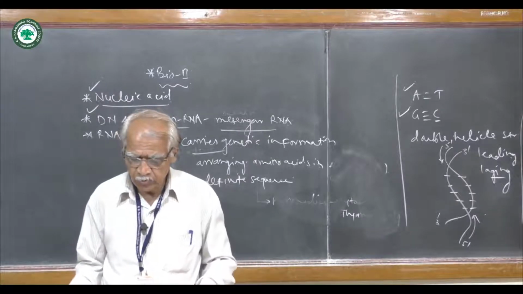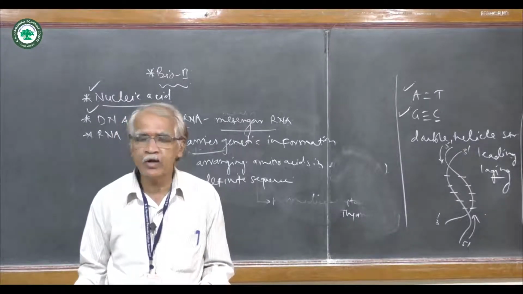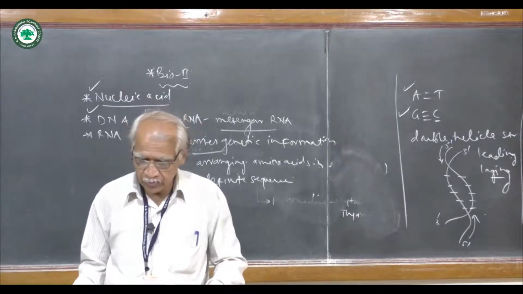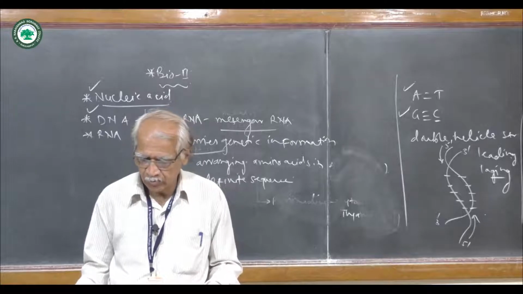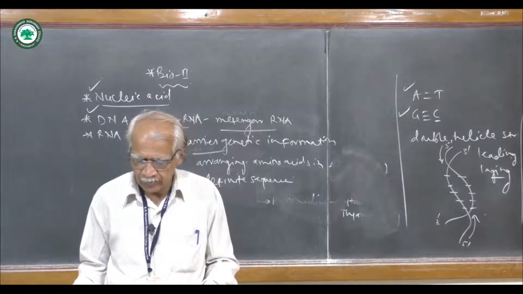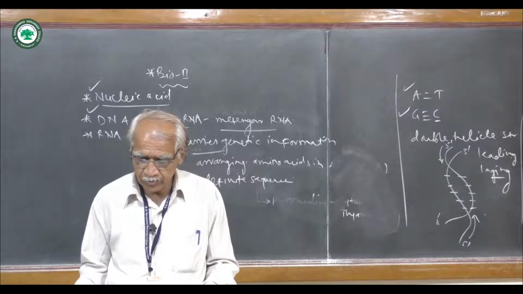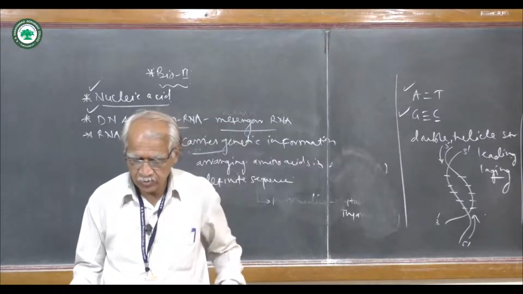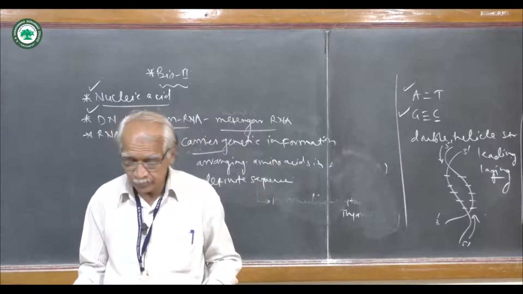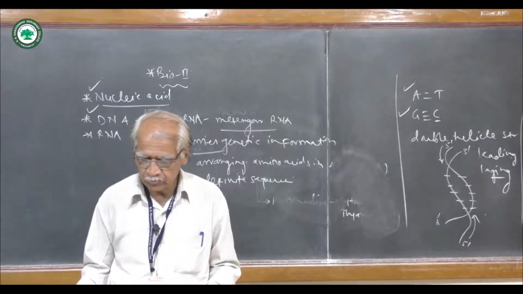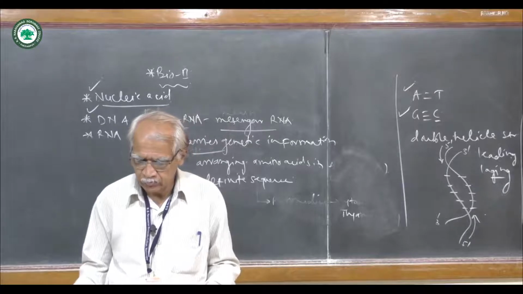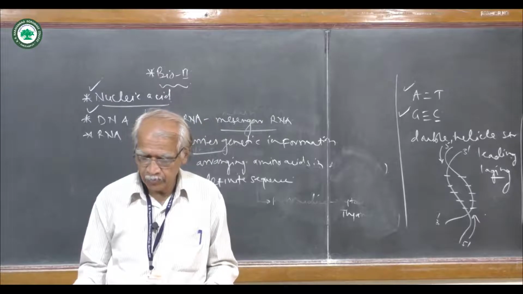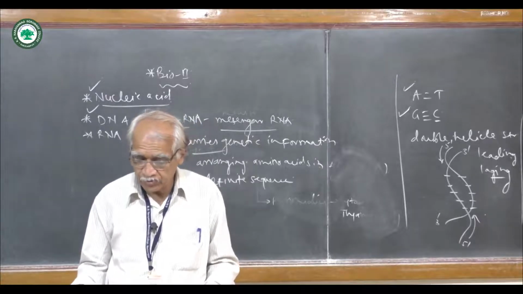In the account of cellular RNA, it may be 3%. The genetic information for a complete polypeptide chain is called a cistron, and that cistron plays an important role in synthesis of proteins.